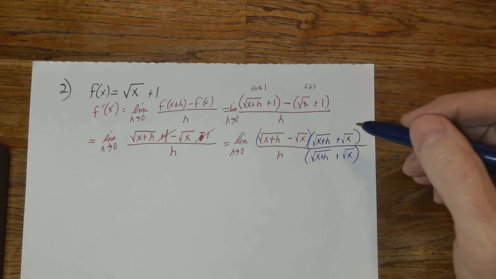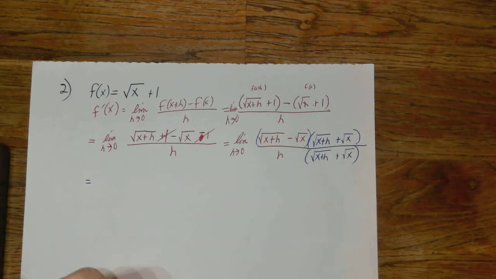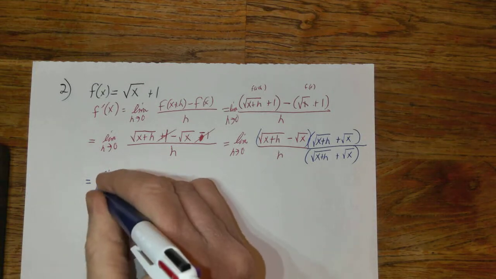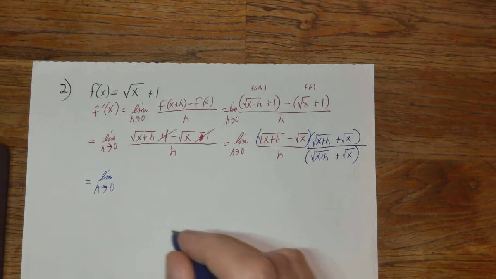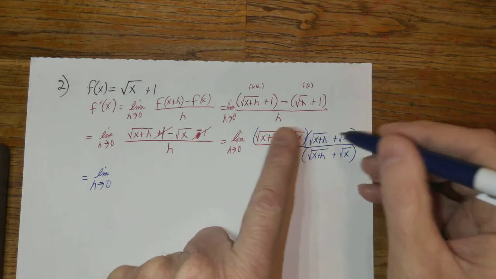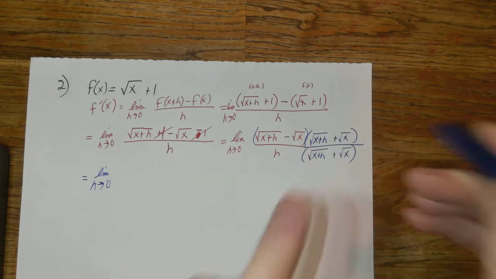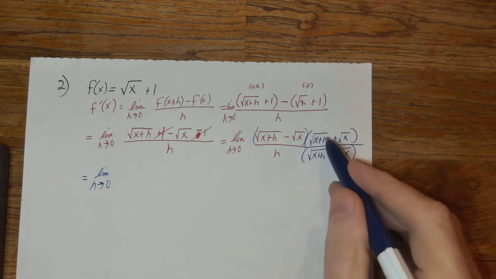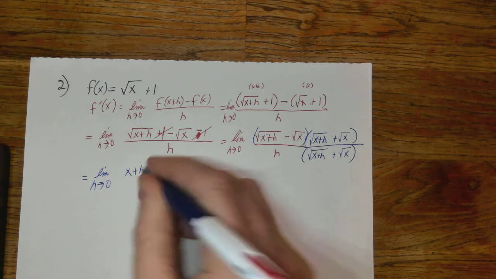At this point, if we go ahead and multiply this out, I've got the limit as h approaches 0. Now I'm going to multiply, and it's just going to be this squared minus this squared, because this is positive, this is negative. The outside-inside part of foiling would cancel out. Now the square root of x plus h times the square root of x plus h is x plus h.